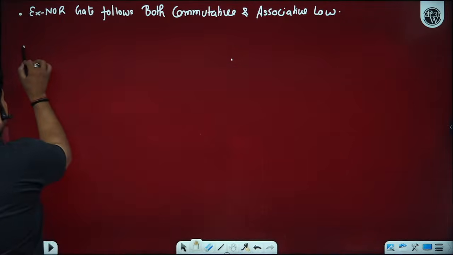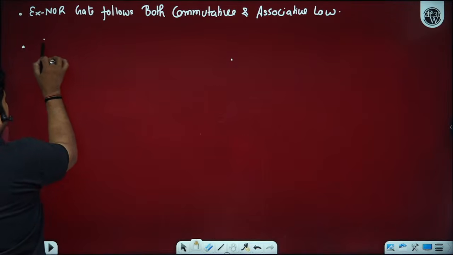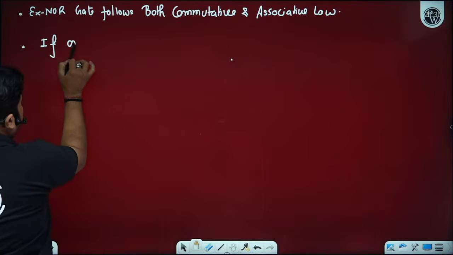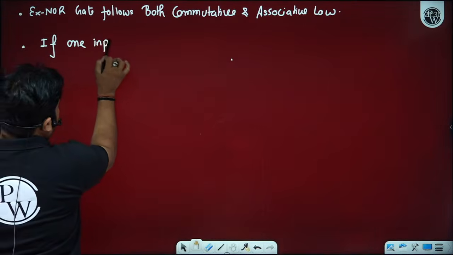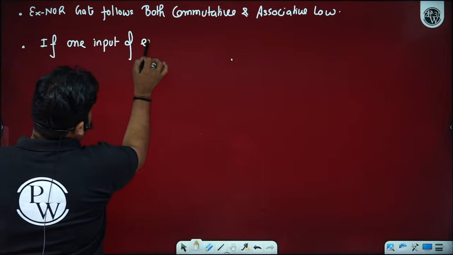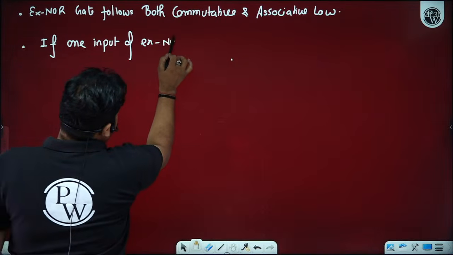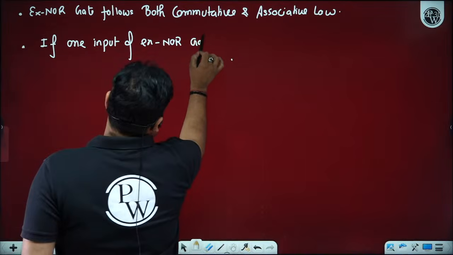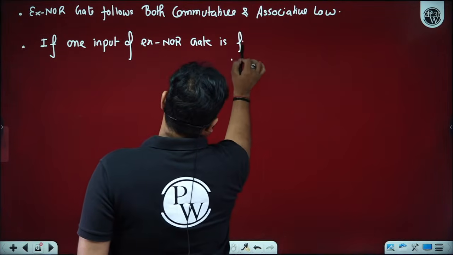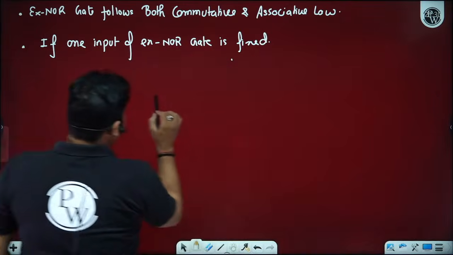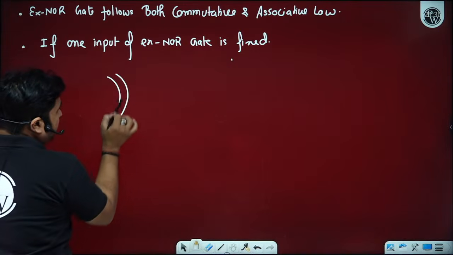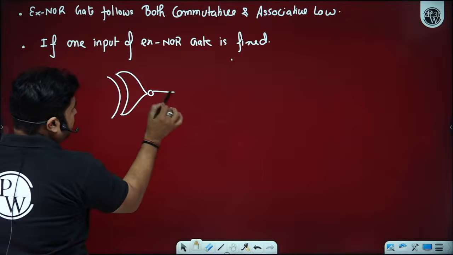One more important thing, if one input of the XNOR gate is fixed, it can be fixed as logic level 0 or it can be fixed as logic level 1.